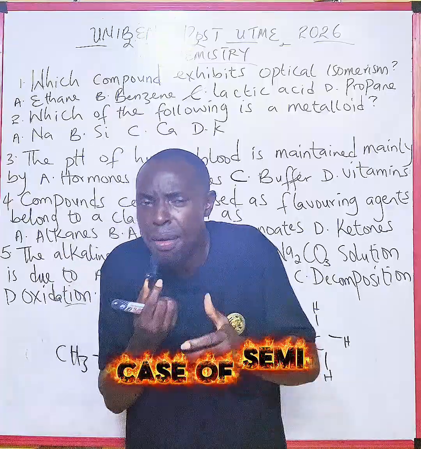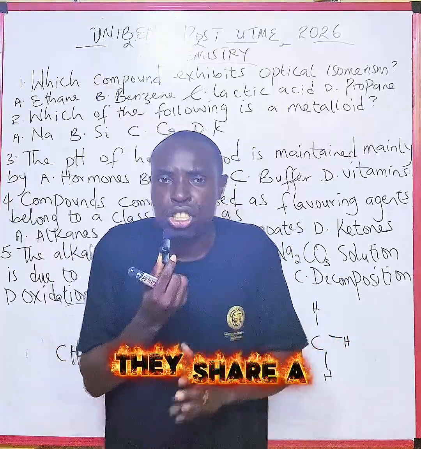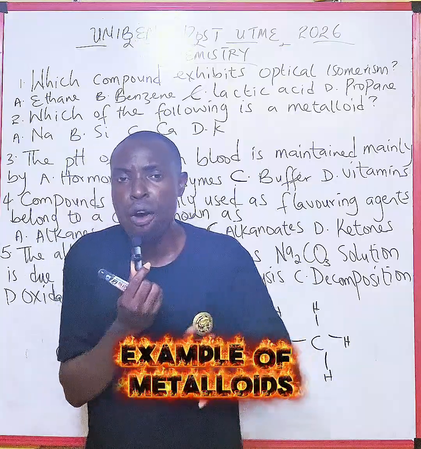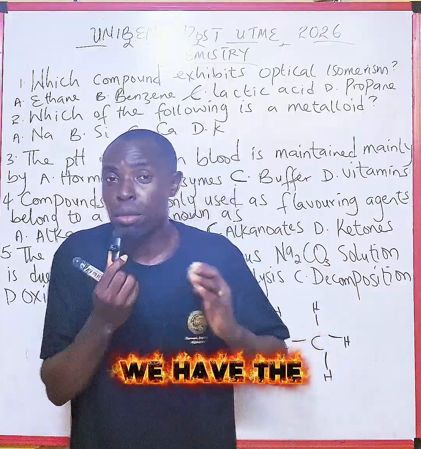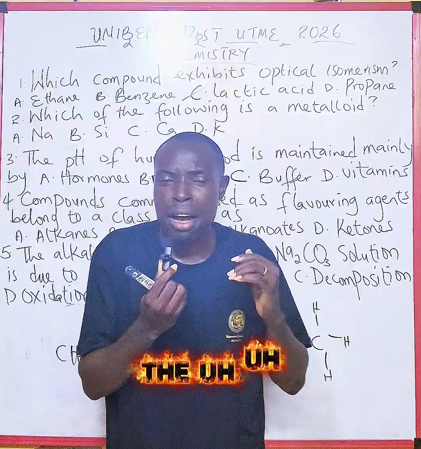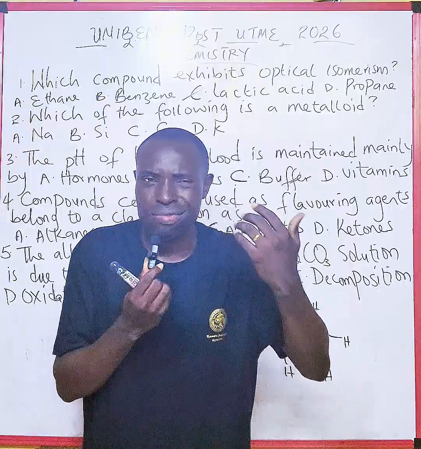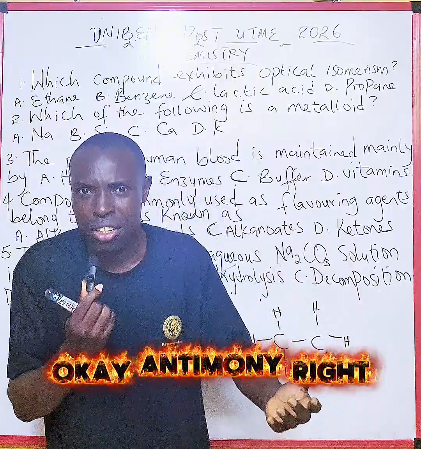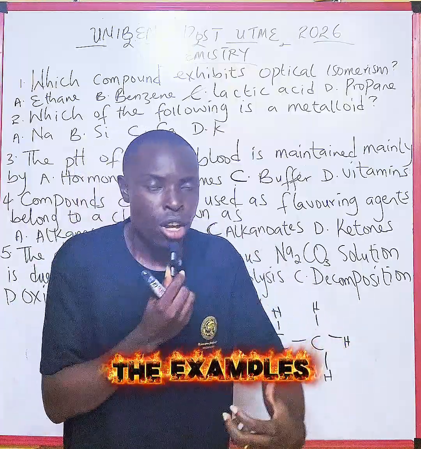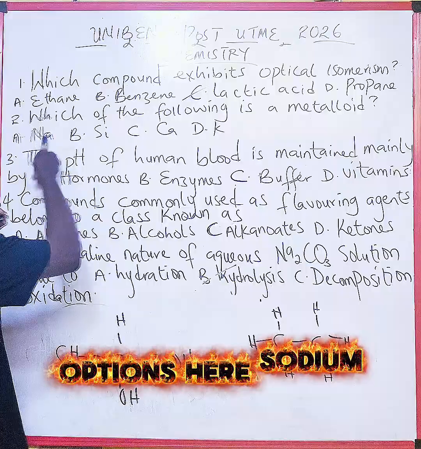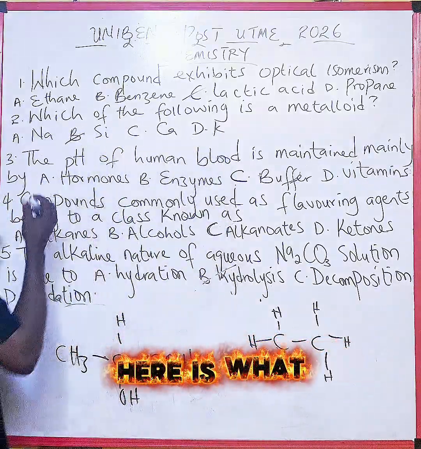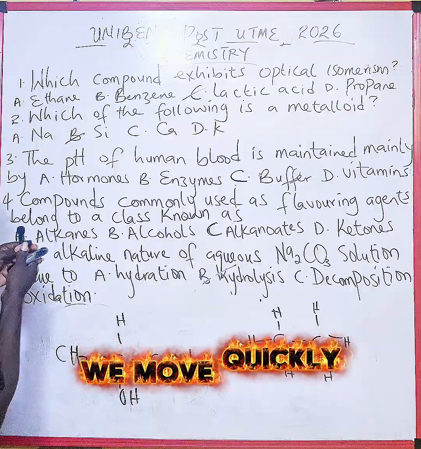But in the case of semi-metals or metalloids, they share properties of both a metal and a non-metal. Examples of metalloids or semi-metals: we have boron, germanium, antimony, or silicon. All these are some of the examples. So we go straight to the options here. Sodium, calcium, and potassium are metals. The correct answer here is silicon.